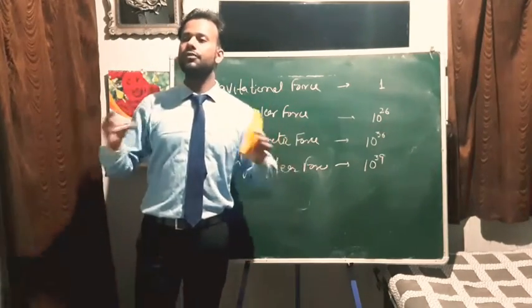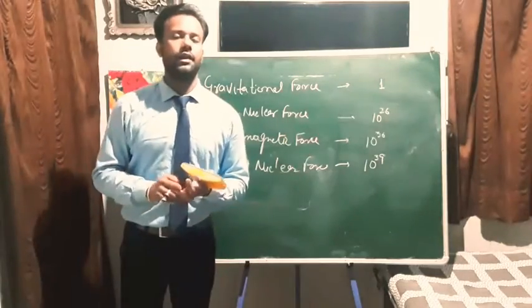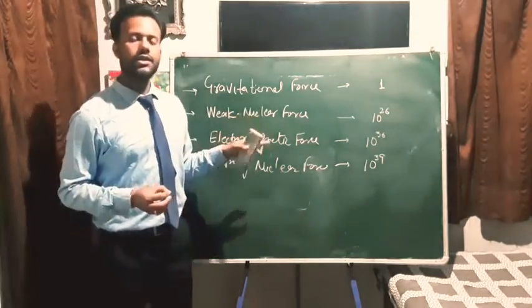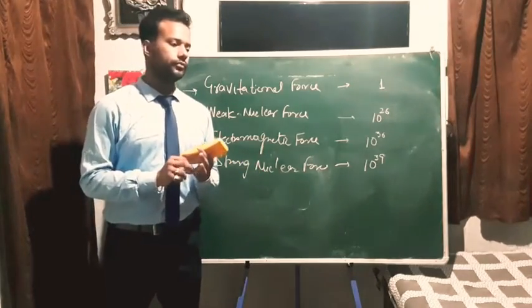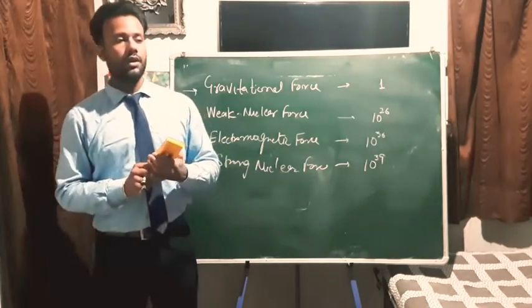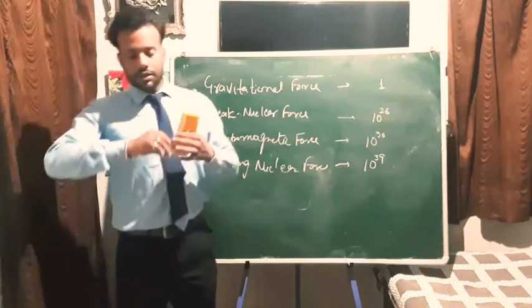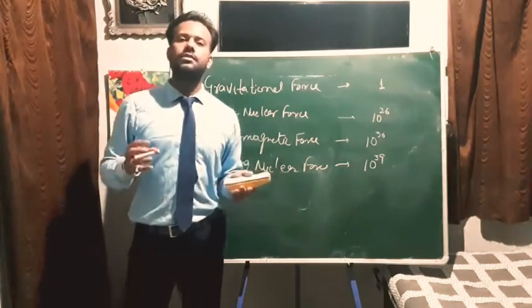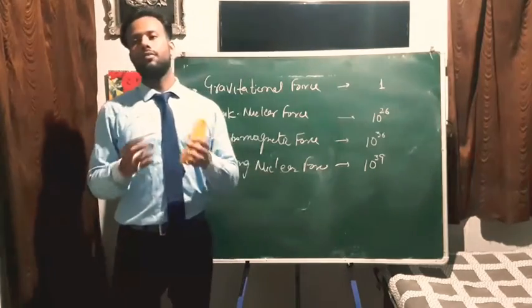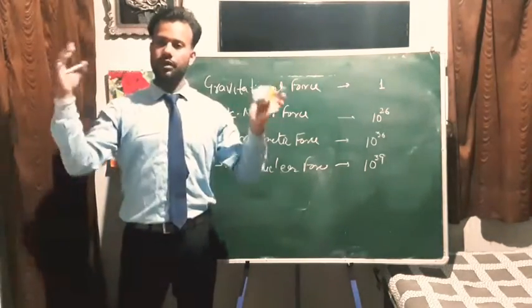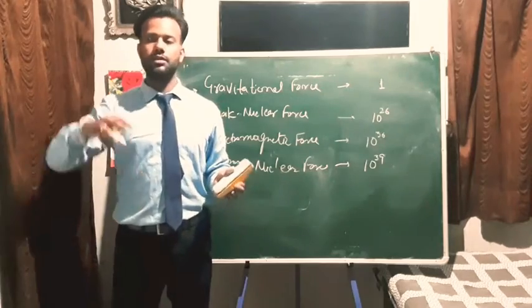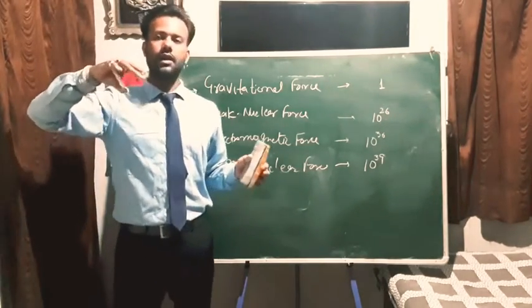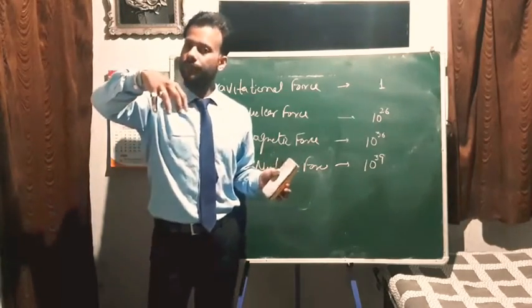The whole universe will be torn apart, right? I'll give a small example. Suppose the gravitation force stops working, then what will happen? As the gravitation force stops working, our sun will detach from our Milky Way, right? Because you know that the sun is attracted to the center of the Milky Way, and that is why the sun is at its position, right?